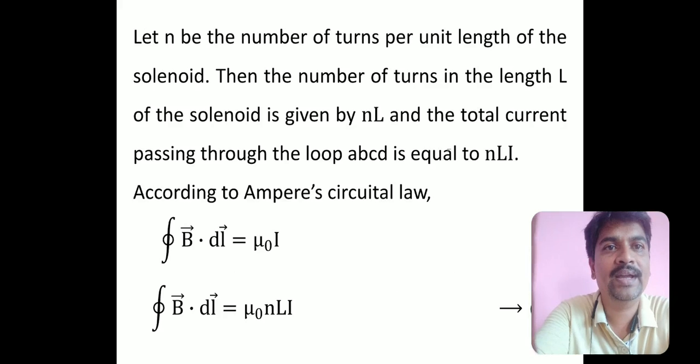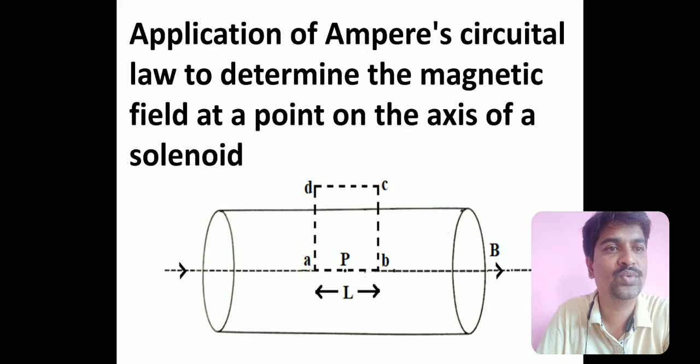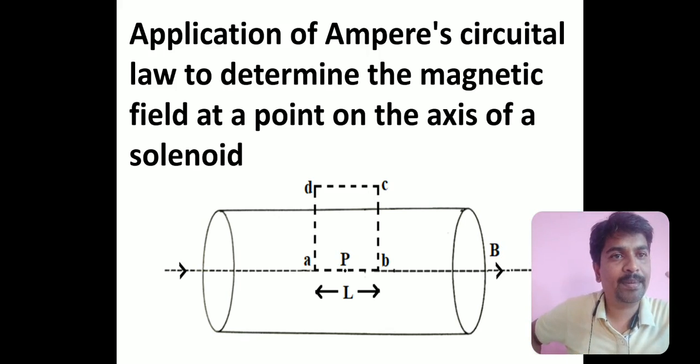You can go back and see. For these two cases, BC and DA, the magnetic field is along the axis and both these lengths are perpendicular to the magnetic field.